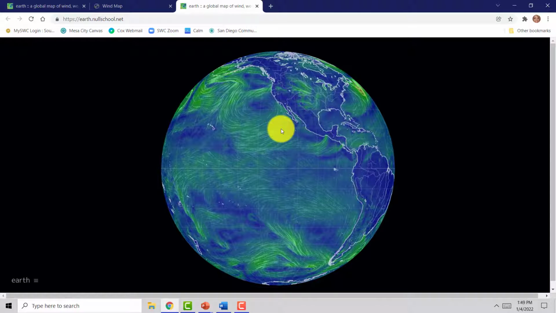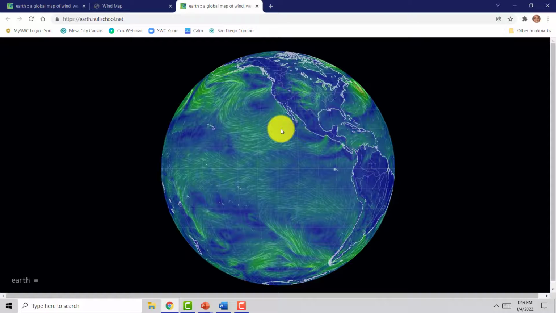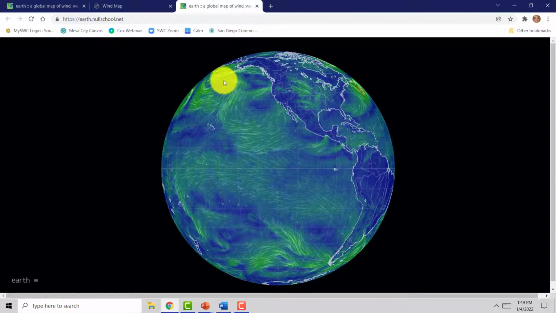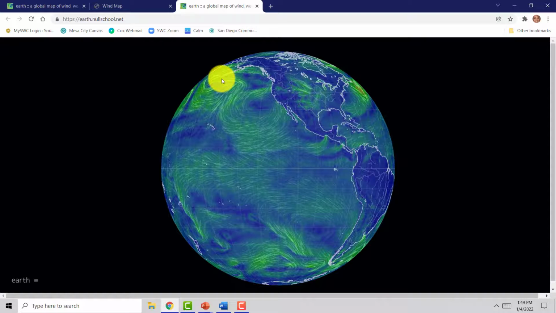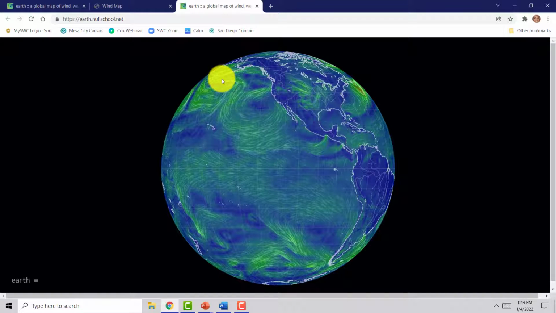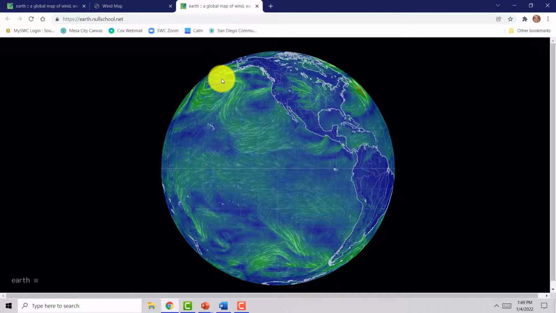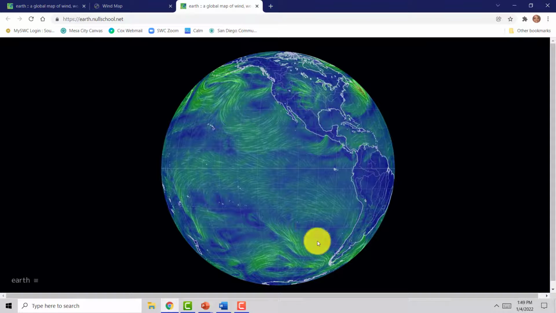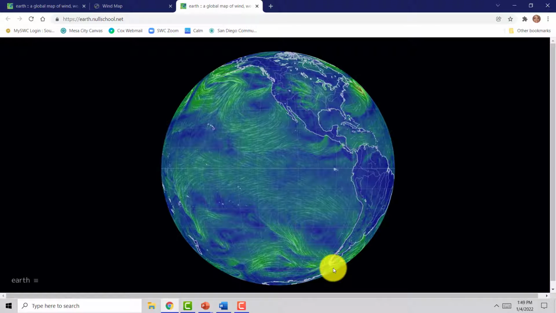We also have a pattern here that is going up and then going north and moving along the islands off of that are considered to be part of Alaska over towards Russia. We have some major circulation patterns that you can see down here, moving down towards the area of South America.